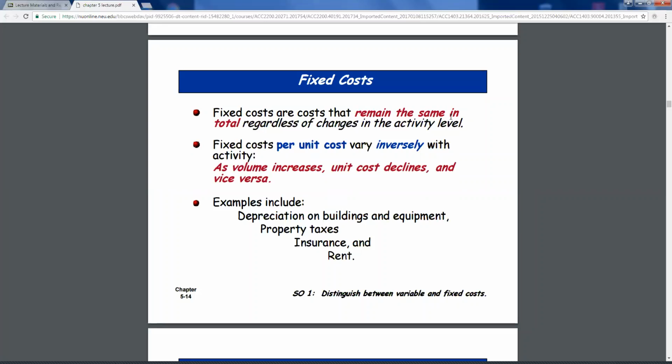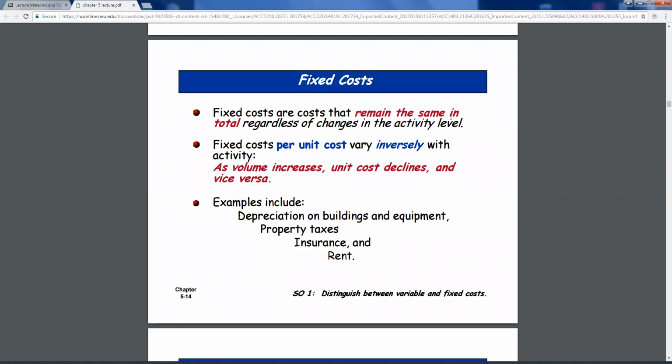So if I add those two together on a monthly basis, I'm going to spend $7,000, $2,000 for rent, $5,000 for salary, and that's going to remain constant irrespective of how many units or how many soft or health drinks that I sell. So we could also say that on a per unit basis, fixed cost is inversely related because as I sell more, if I simply divide the fixed cost by the number of units sold, you'll see that it will go down with every unit I sell.